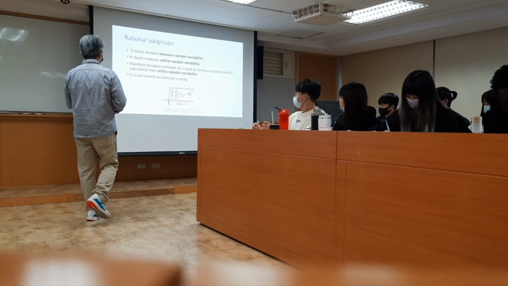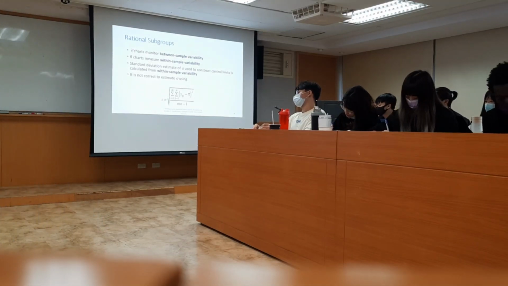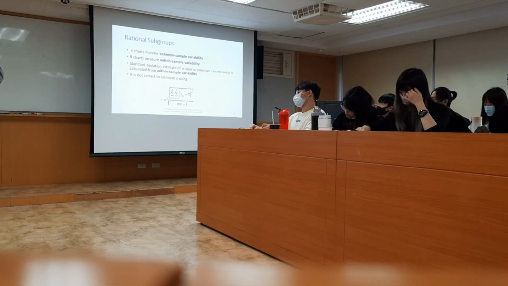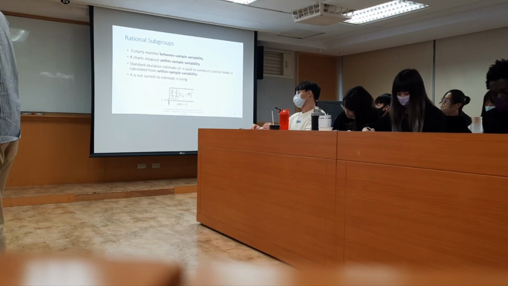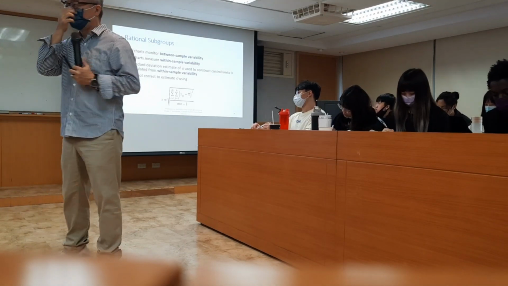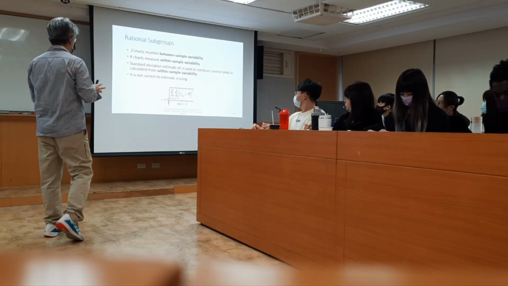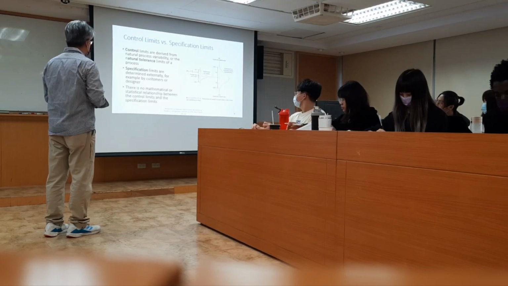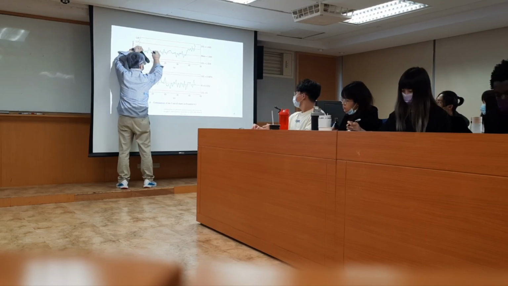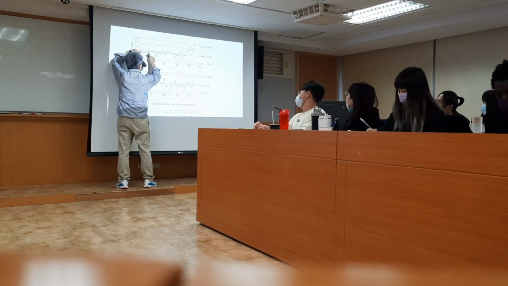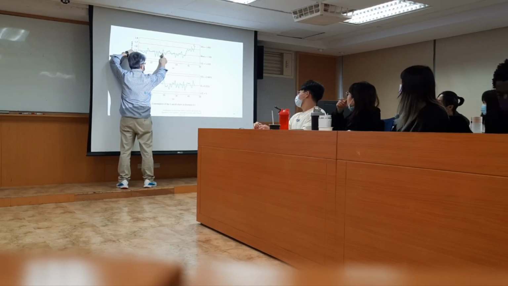Okay, then rational subgrouping, in the middle of page 229. X bar shall monitor the between samples. This X bar is to detect any difference between the samples, and that is evaluated as between variability.